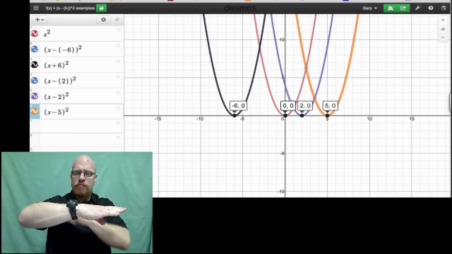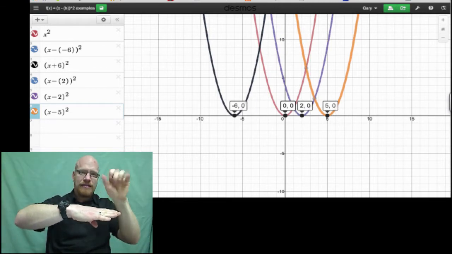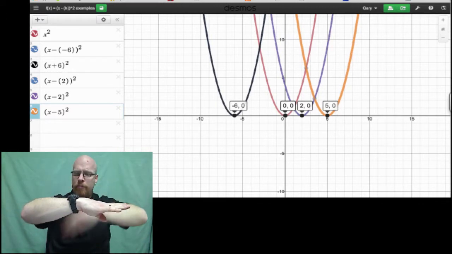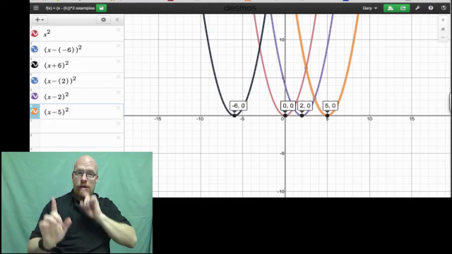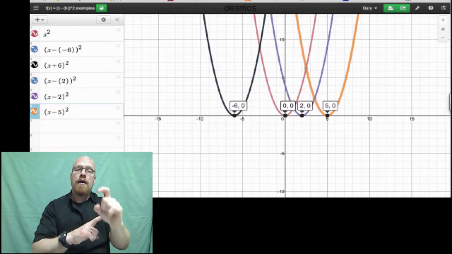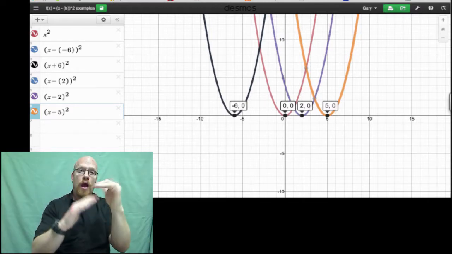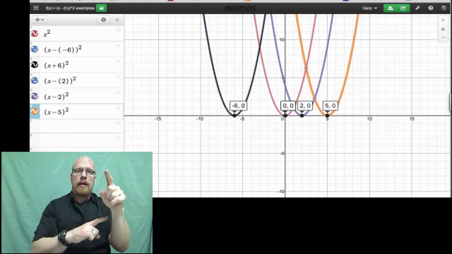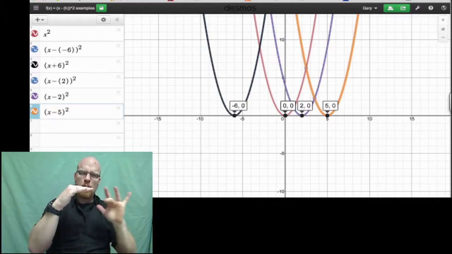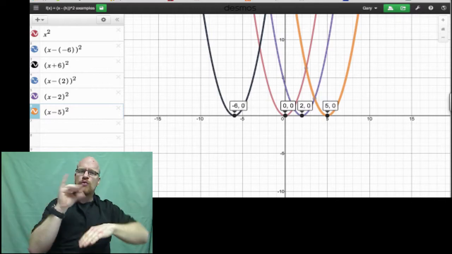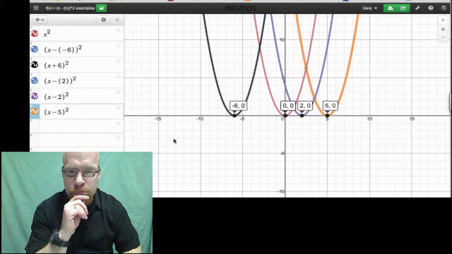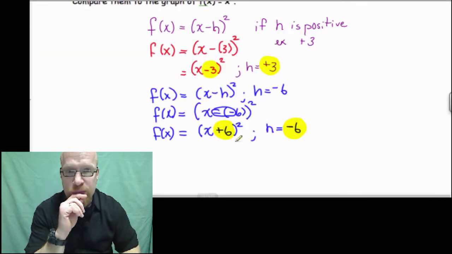Now all of these have the same range, from the x-axis and on up. There are no possible answers for y below the x-axis. We can have y equals 1, 2, 3, 4, but there's no y equals negative 1 or negative 2. There are no answers for y below 0, so it's 0 and above.